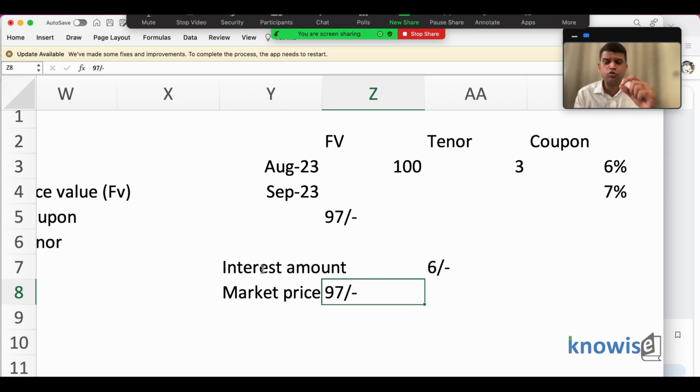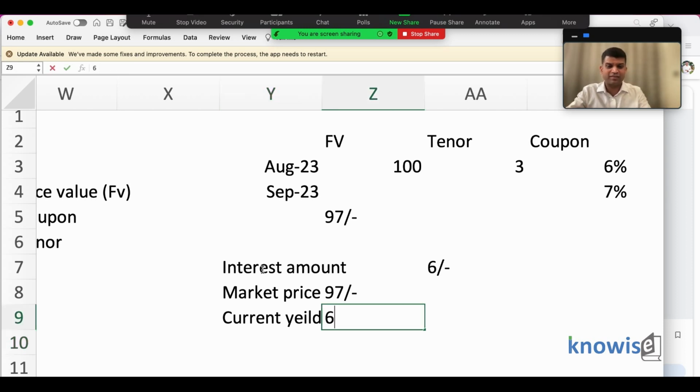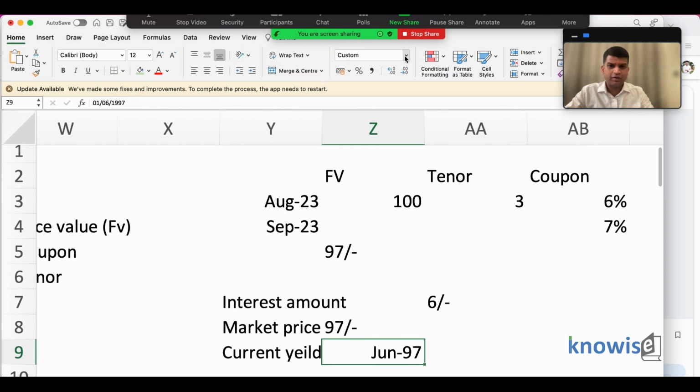Just using these two values, we will discuss the first concept, that is what we call current yield. What is current yield of the bond? Current yield of the bond is nothing but the interest amount, that is in this example rupees 6, divided by the market price of the bond. 6 divided by 97 is what we call current yield.